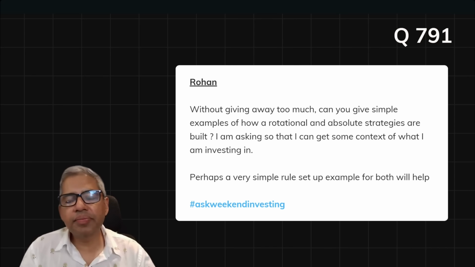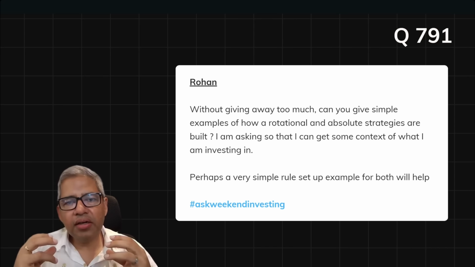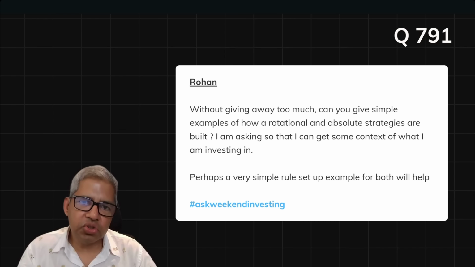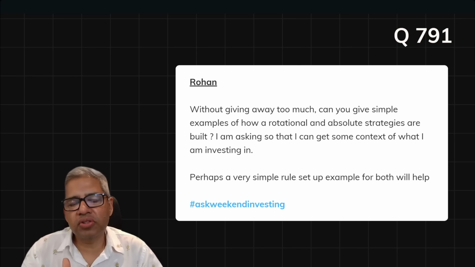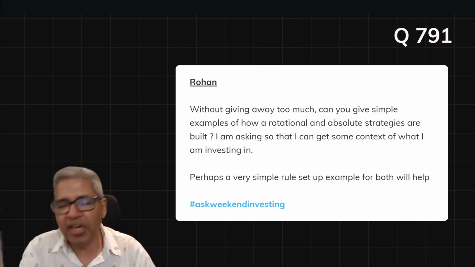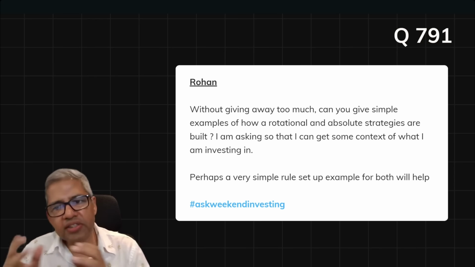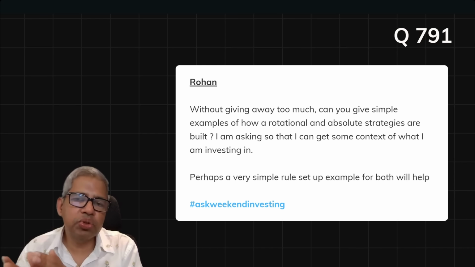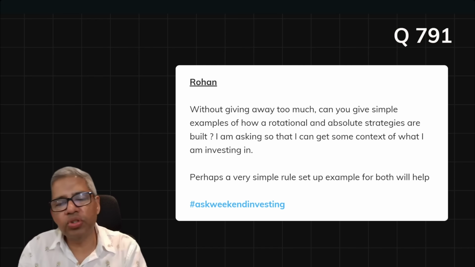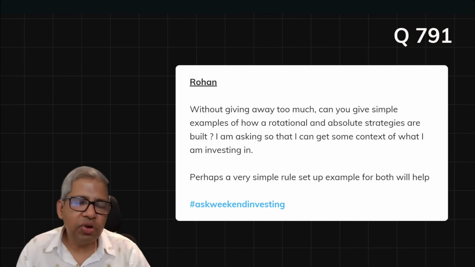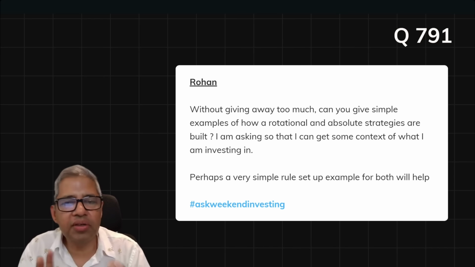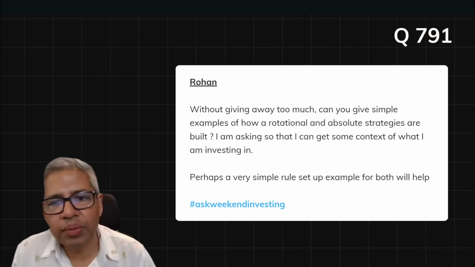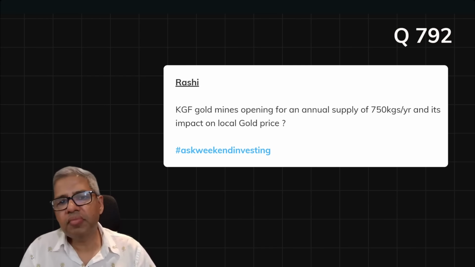In an absolute strategy, you basically look at the absolute returns on that stock, and you will take a decision to enter or exit that stock basis that stock itself, not relative to others. So that is how the absolute strategy is built. And in an absolute strategy, if suppose the market goes down and there are exits from all absolute picks, you'll basically be sitting in cash till new picks come up. So this is the rough context you can have for absolute and rotational strategies.